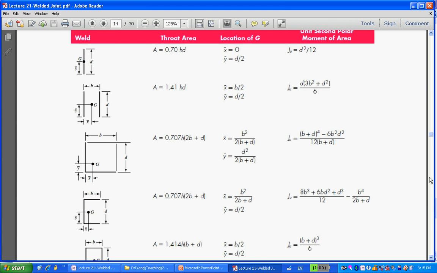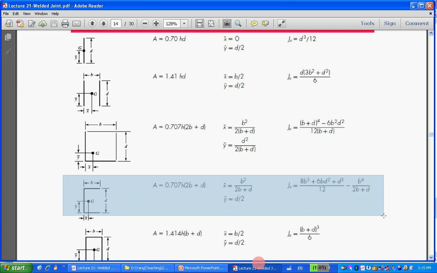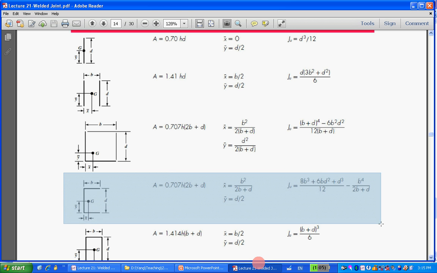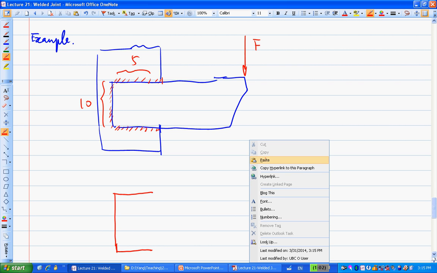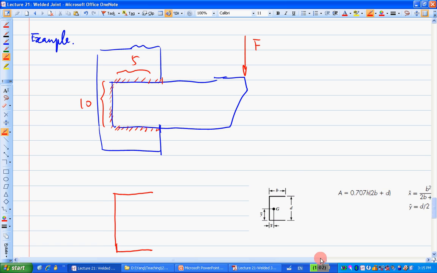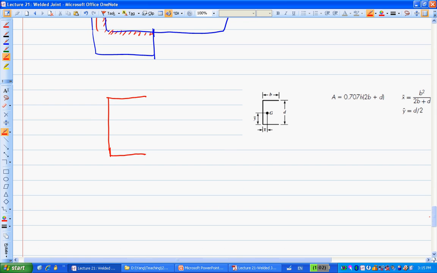Let's look at the table here. Which one are we gonna use? This one here, right? If you look at this one here, that's basically the same kind of geometry as this one showing here.